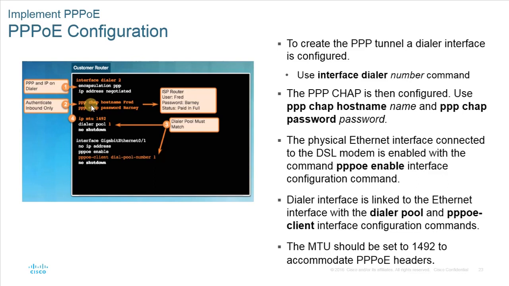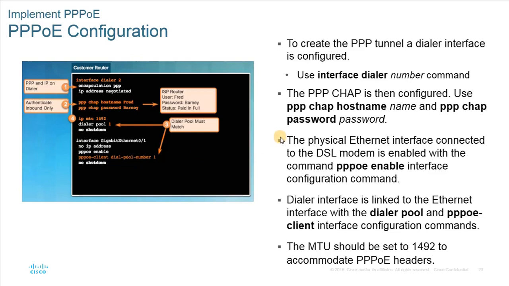We will be using CHAP as an example here, provided with the other parameters like the hostname and the password. Next, dial pool 1 is actually required. It should match the point-to-point over Ethernet client dial pool number. So mostly this is a basic configuration of PPPoE from the customer side.